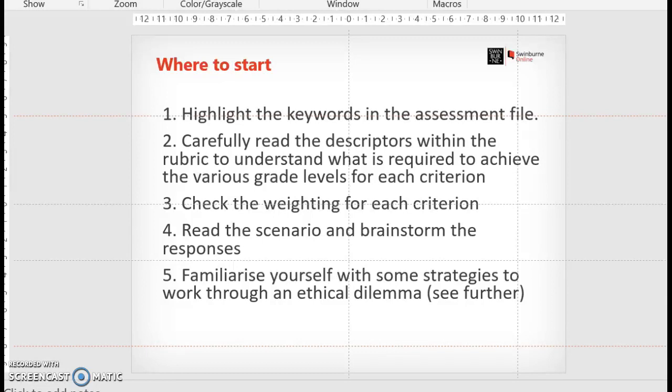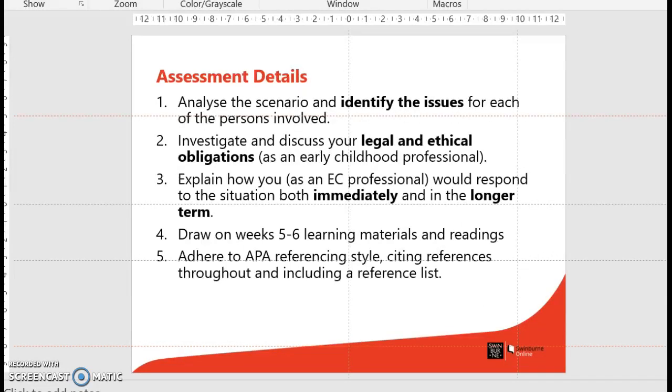So we need to read the scenario, and we'll do that in a minute to work out where to go from there. This assessment asks you to analyse a scenario and identify the issues responding to each of the key stakeholders. You need to investigate and discuss the legal and ethical obligations that you would use, and you would have to think about if you were in this scenario and you were the early childhood professional there.